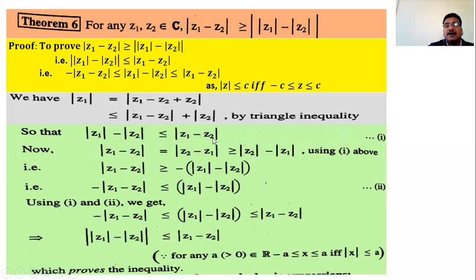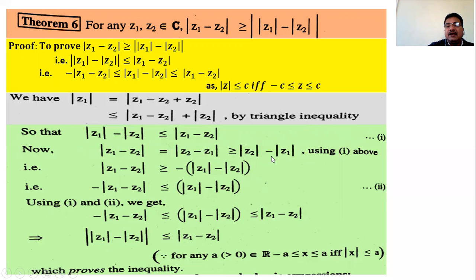That is, |Z2 − Z1| is greater than or equal to |Z2| − |Z1|, by using 1.